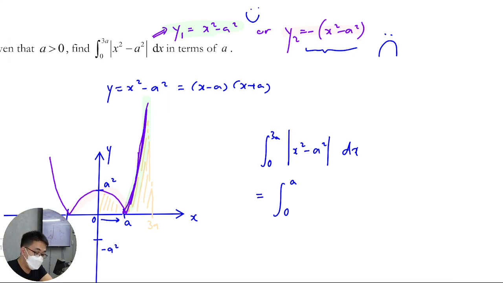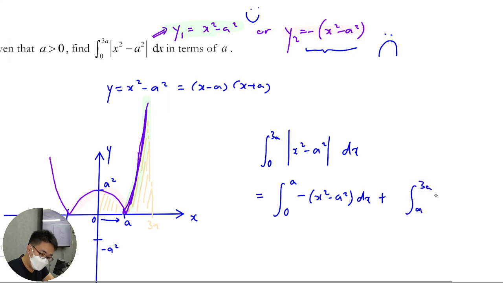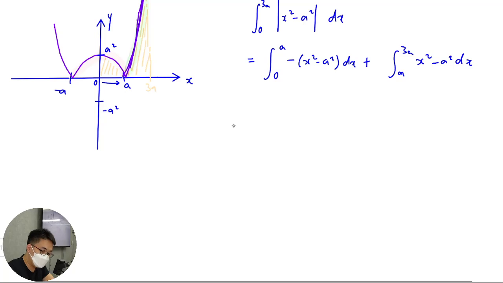That's about it. So this one will be negative x squared minus a squared dx plus a to 3a minus a squared dx. Okay, that's about it. Not very difficult. It's quite okay, I feel. I think it's easier than the previous one.